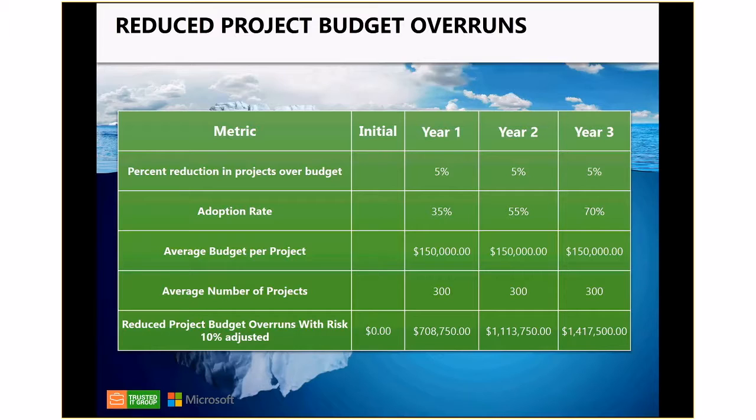So what Forrester said during these interviews is that these companies, on average, this composite company, saw a 5% reduction in projects going over budget. If you assume that your average budget is about 150K per year, they said they were able to see some of these issues before they actually happen.